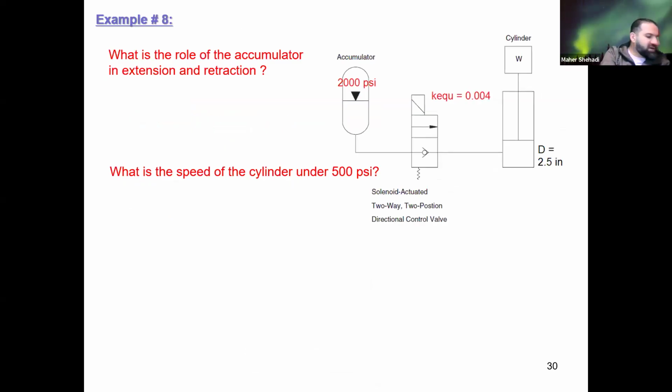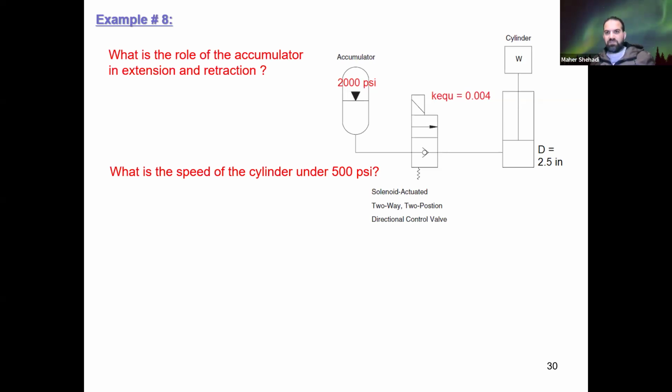Let's check some more details in this example. We have an accumulator. I might need to do the calculations as we go. Example 8, okay, I do have the updated one. That's good.